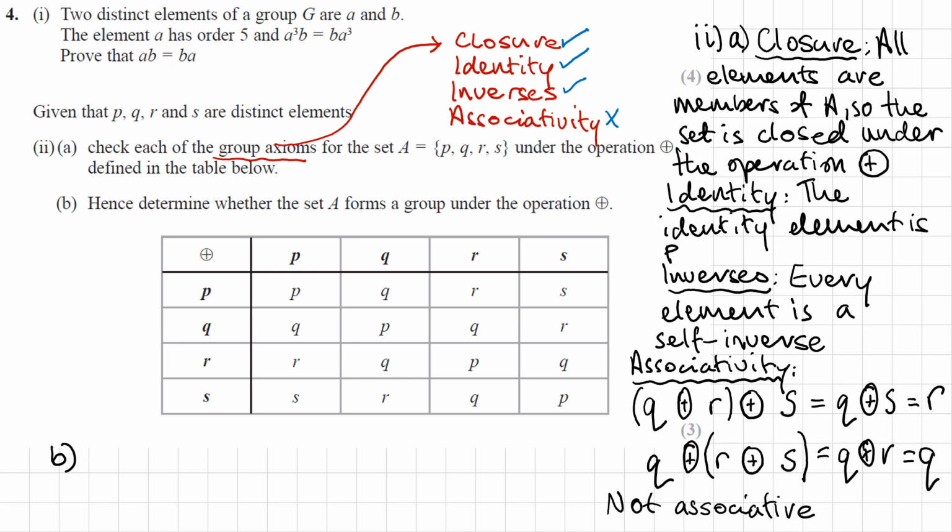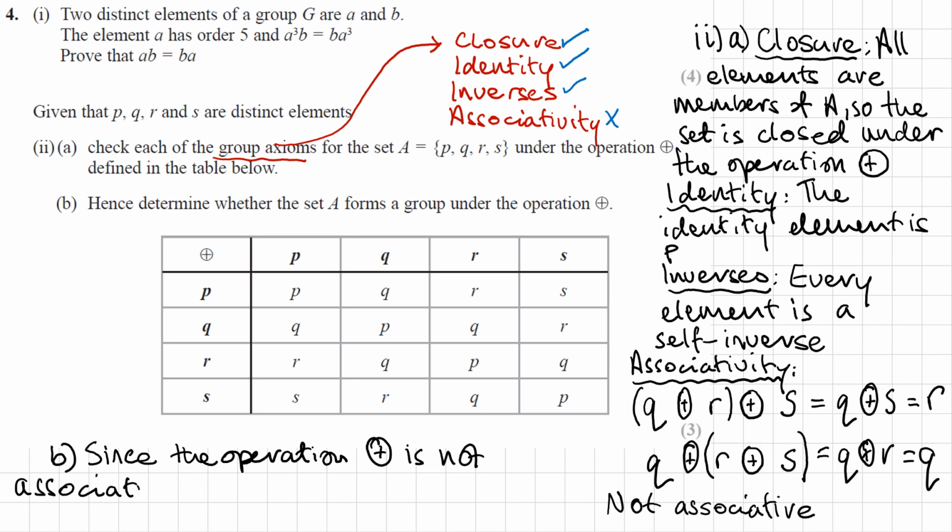So I'll just write down that since the operation circle, cross, whatever you want to call it, is not associative with these elements anyway, that means the set A is not a group.